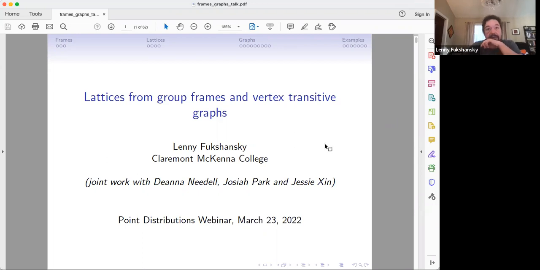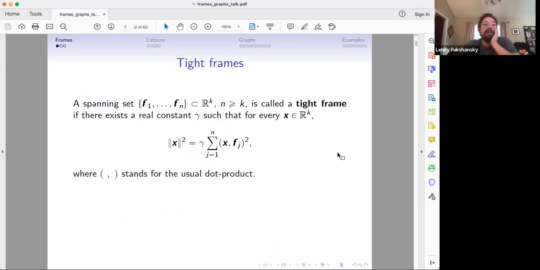Let me start with some frames notation. What's a frame?